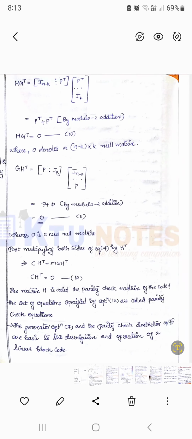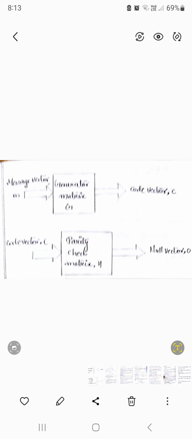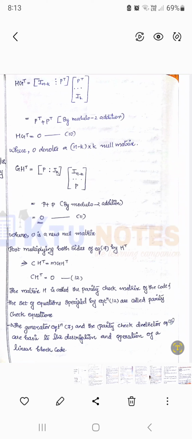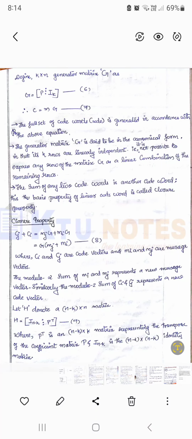Then that's about the parity check matrix and generator matrix. We can represent this graphically by taking these equations. This is the equation for the parity check matrix, and this is the equation for the generator matrix, C equal to mG.